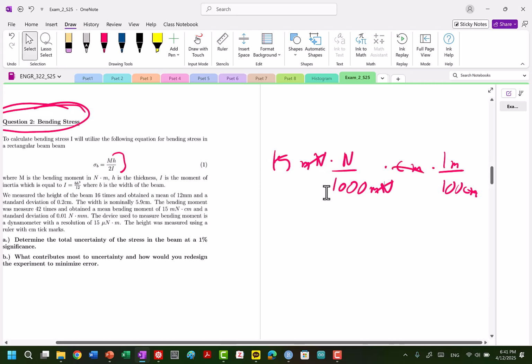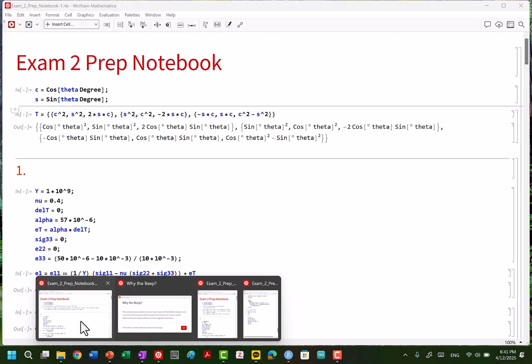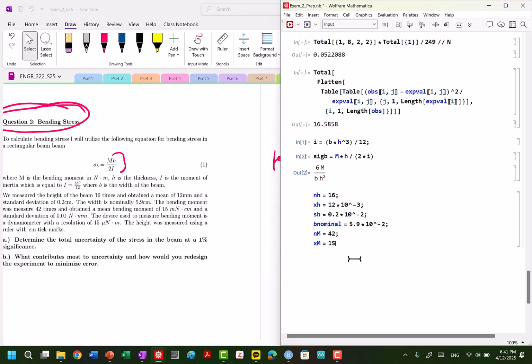So I'm just going to multiply by 10 to the minus 3 times 10 to the minus 2, so probably 10 to the minus 5. That gives 15 times 10 to the minus 5. We can double check that real quickly. And then S_M equals 0.01 times 10 to the minus 3 as well.